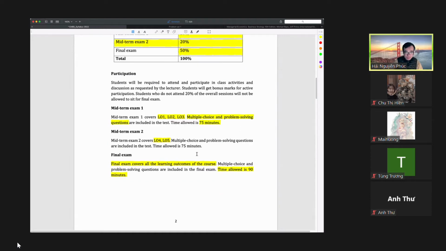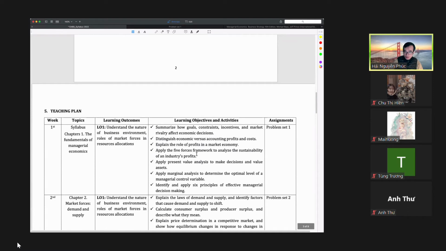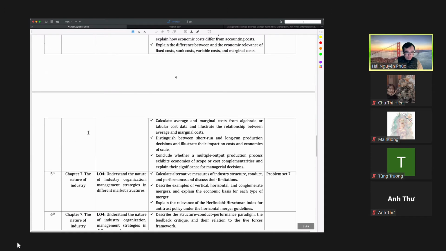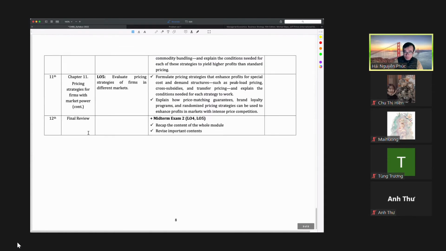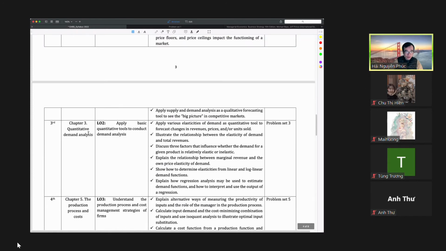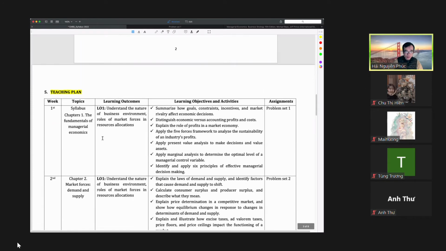What else? If you read the syllabus in more detail, you can see that I have included the teaching plan. We are going to have 12 weeks, and you can see what the goal, the topics, and the assignments are. Let's take an example.